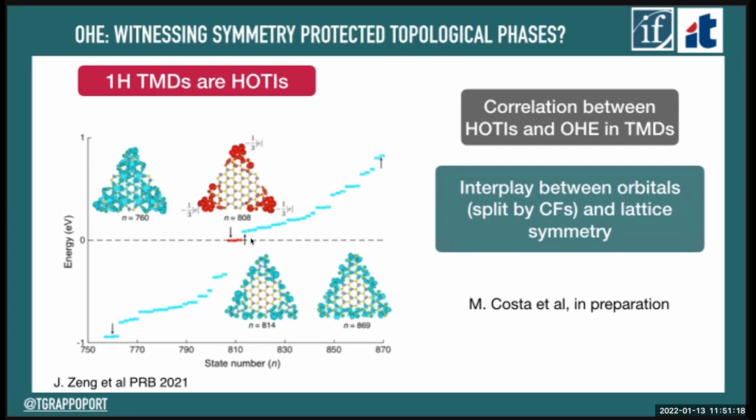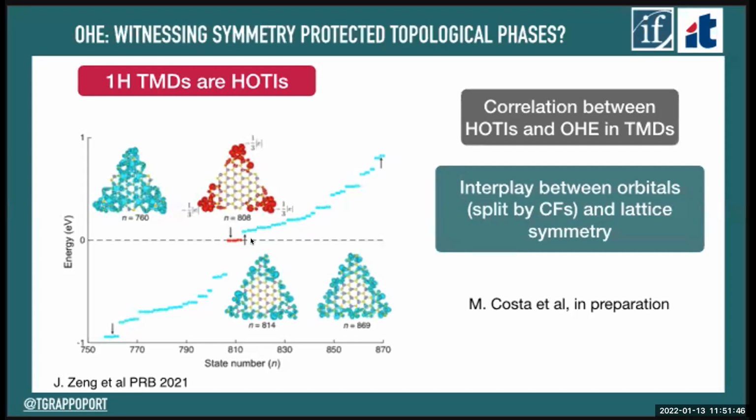And for tight binding calculations, the problem is that this 3 orbitals model is not able to capture this effect. I had this feeling of the crystalline topological insulator for a long time, for more than 2 years, and I tried many times to cut my system. I couldn't see anything. But it's exactly because you cannot have these armchair states if you have only this 3 orbitals model.